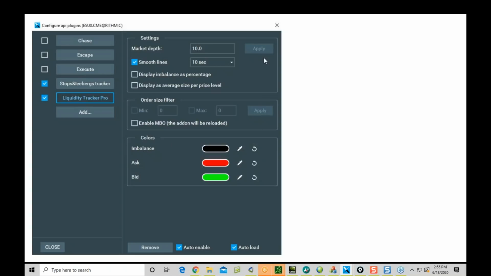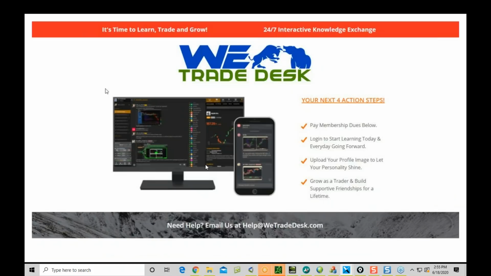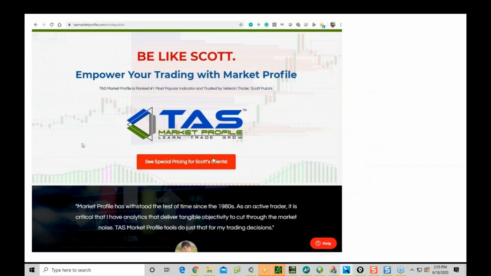Okay. Also, another point I need to make. There was a question about the icebergs. If you look at the Global Plus version of Bookmap, there's Global and Global Plus.